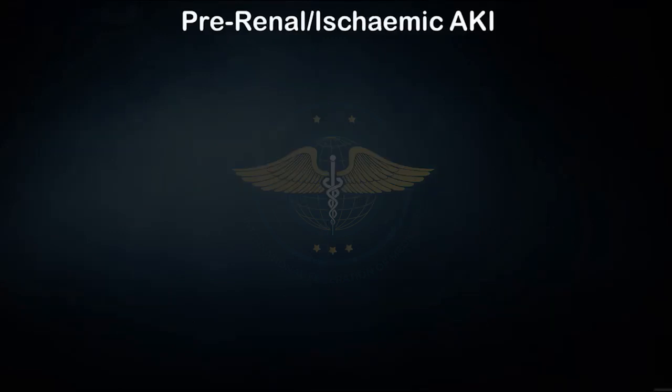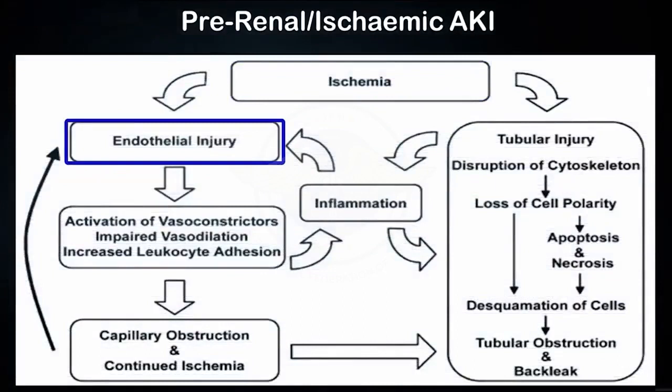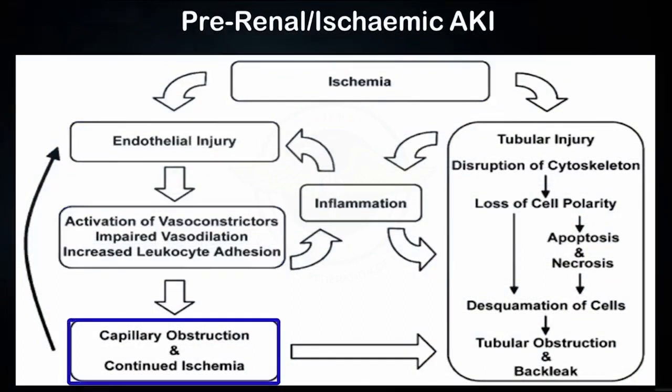Because of the ischemia, there is endothelial injury which causes activation of vasoconstrictors, impaired vasodilatation, increased leukocyte adhesion. All these factors lead to capillary obstruction and persistent ischemia, which further worsens the endothelial injury.